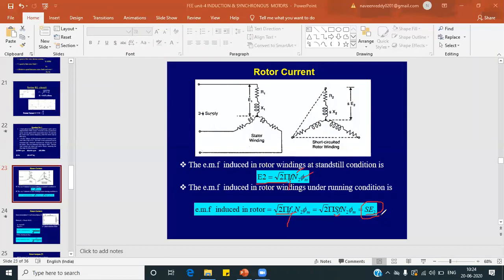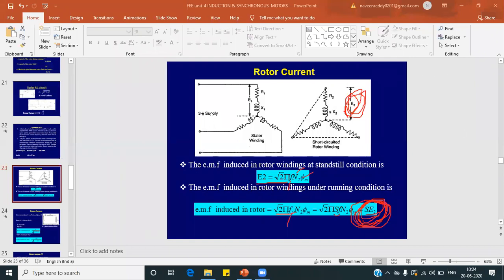So this is related to slip. The point I want to tell you is that the EMF induced in the rotor winding is dependent on slip. What is slip? That is the relative speed, NS minus NR. So that is it.